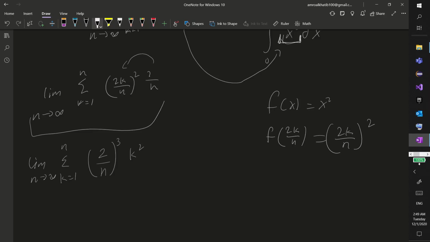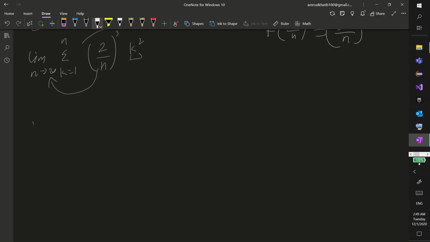N goes to infinity. We can put this out. Do you know why? Because your sigma depends on k only. So anything related to k stays inside, and anything not related to k goes outside. So we can take this out and we can say, okay, limit as n goes to infinity, you have 2 over n cubed sigma k goes from 1 to n k squared.